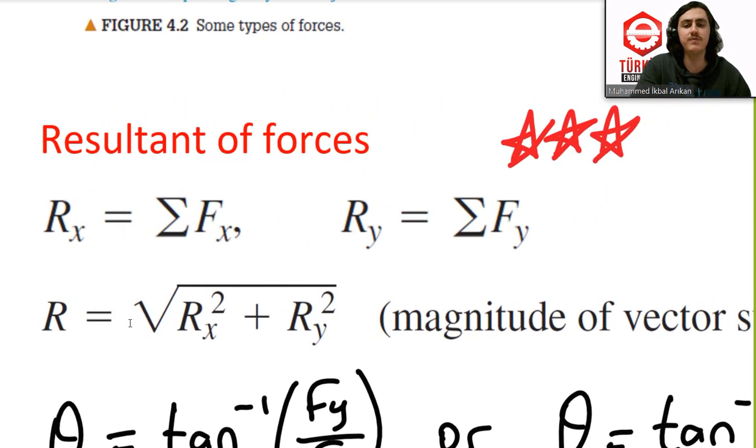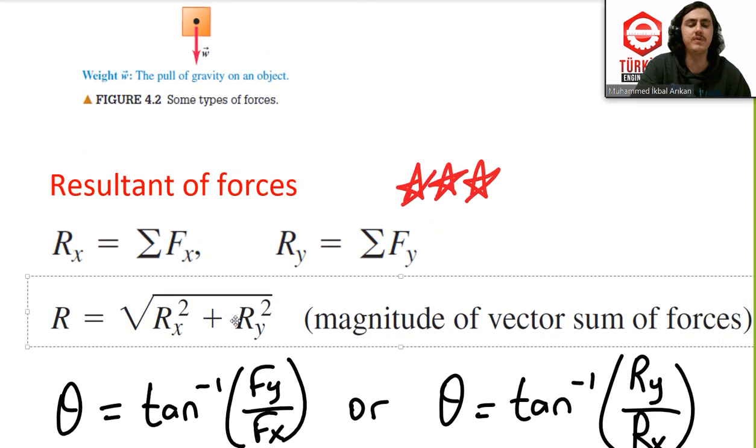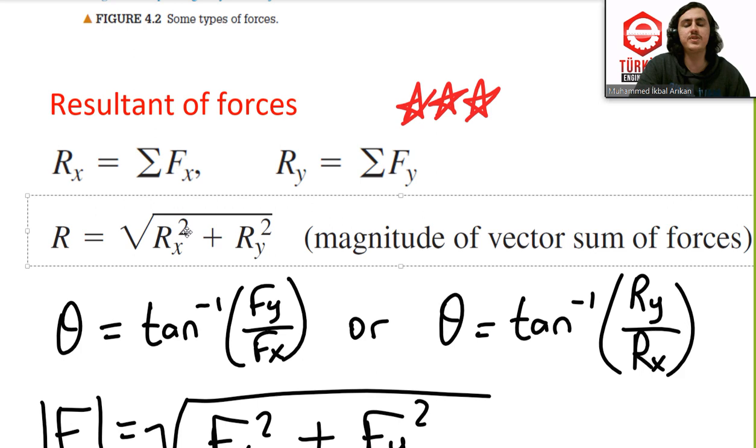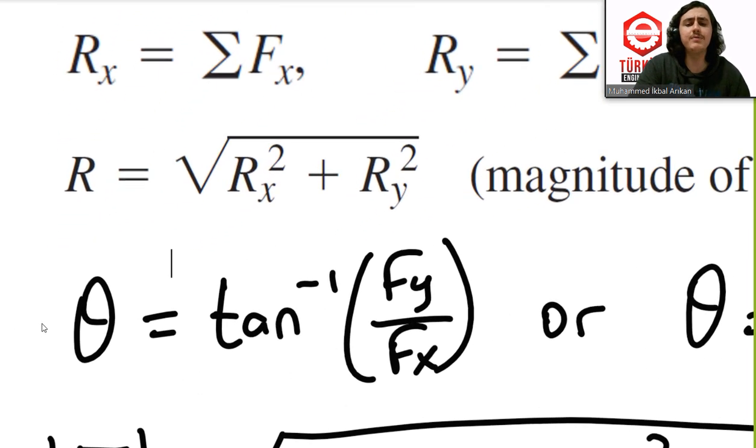In acceleration we apply this, in displacement we apply this rule, in velocity we apply the same rule, and in forces we will apply the same rule, because they are all vectors. This rule comes from trigonometry, or you can say geometry, and we will apply it for the vectors. What about theta?